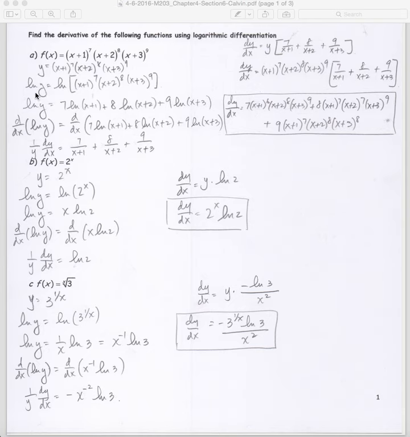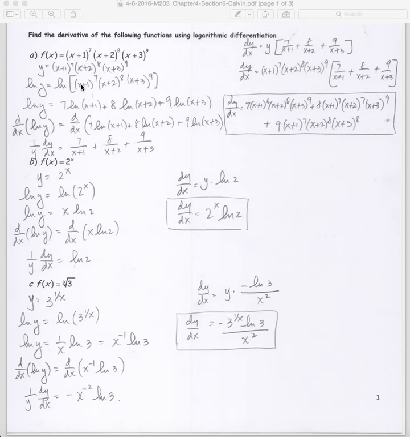So you can just take the log of both sides, the natural log. The natural log of y is equal to the natural log of everything on the right, which is this function of x. A few properties have to come into play to simplify the right side of the natural log expression.